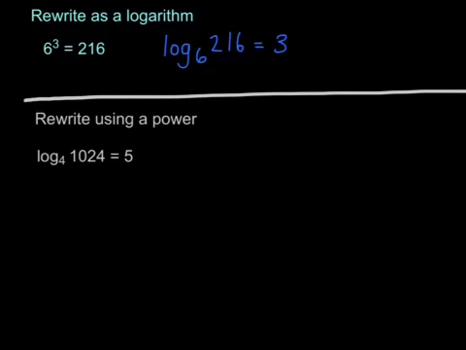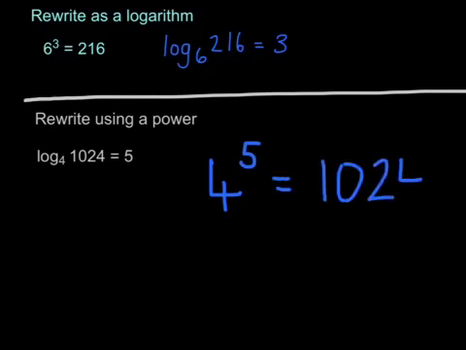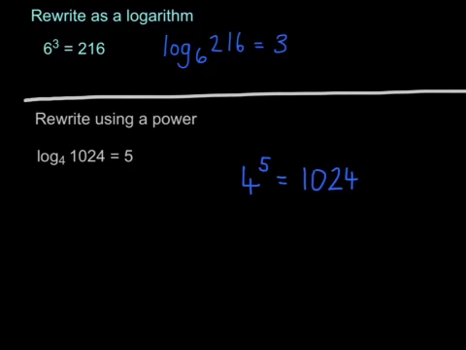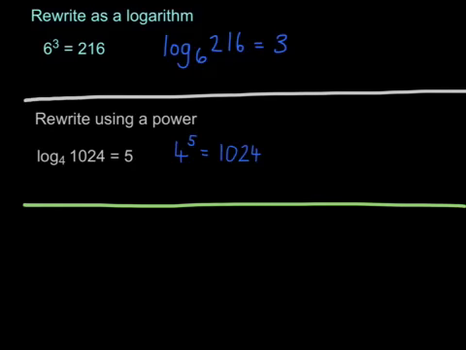So we just write out what I just said: 4 to the power 5 is equal to 1024. Again, you're not working anything out, you're just rewriting a mathematical statement in a different form. It's very simple and straightforward. It might be something you've never done before, but it is nice and easy.